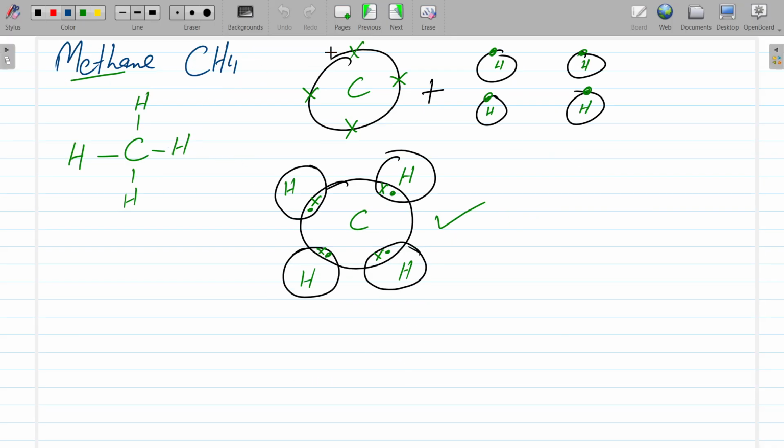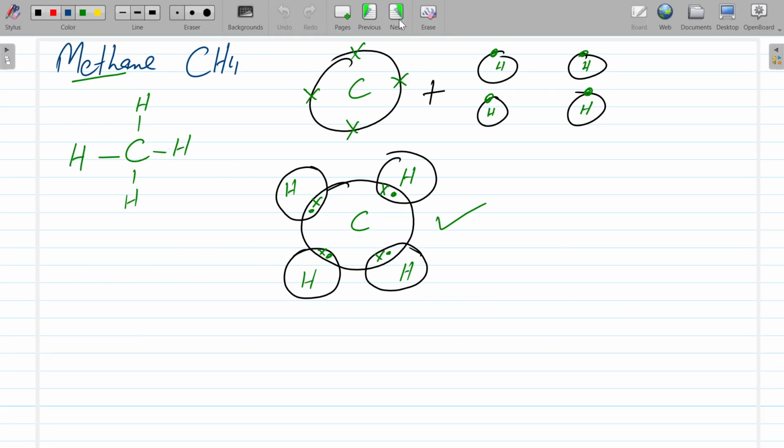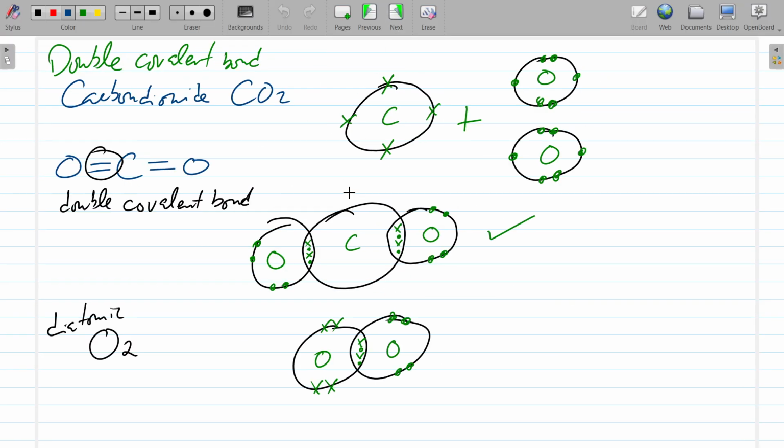The examples on these pages are of single covalent bonds, so just one pair of electrons being shared between atoms. Carbon dioxide and oxygen are examples where double covalent bonds are formed. Diatomic oxygen is a double bond between two oxygen atoms.